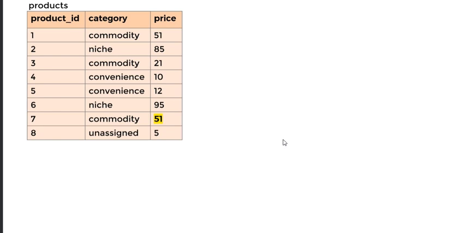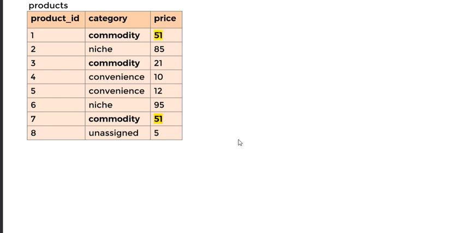See here, in this table we have a total of 3 products in the commodity categories, right? Two of these products have a joint highest price of $51. Here $51 is the joint highest, right?